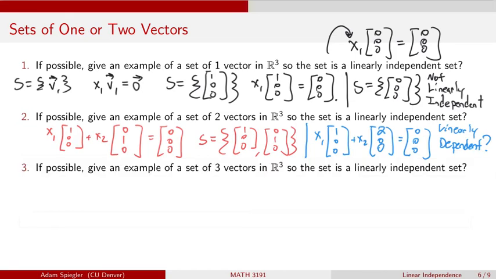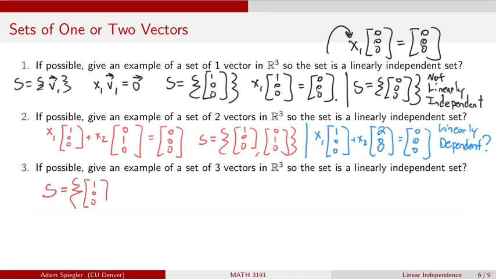And so now let's jump up to three vectors. Now we're going to have a set of three vectors in R3. And let's first construct a set of three vectors that are going to be linearly independent. And hopefully you're starting to get a little bit of a feel for these sorts of problems.